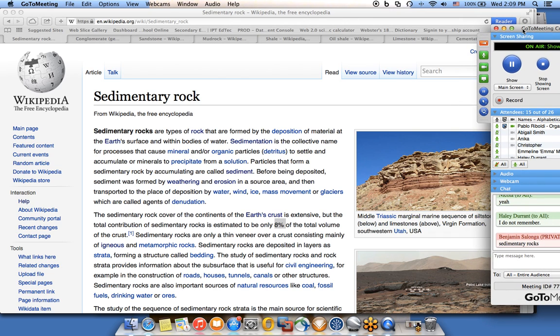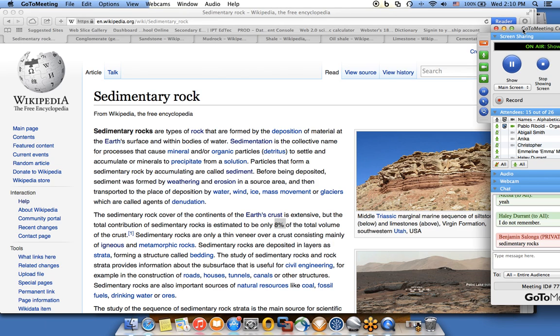So actually, as far as easy to find, the sedimentary rocks are the easiest to find. Because most of the surface of the Earth is covered with a thin, sometimes thick, but sometimes just a thin veneer of sedimentary rocks, sedimentary deposition.